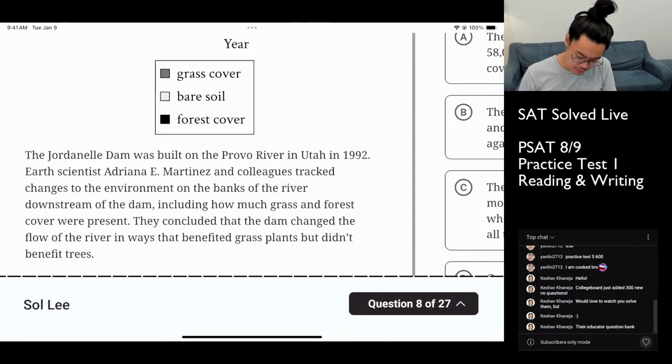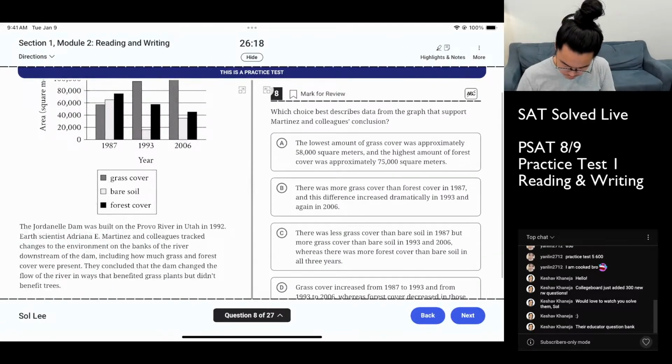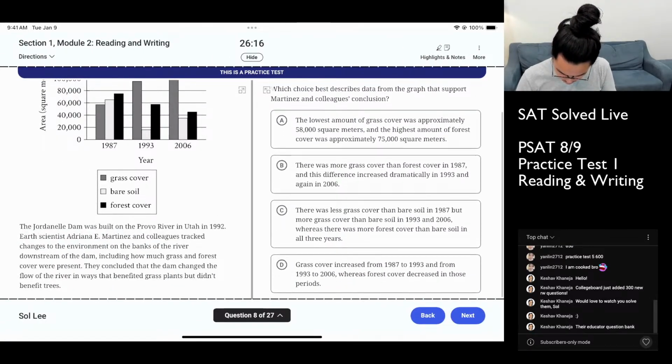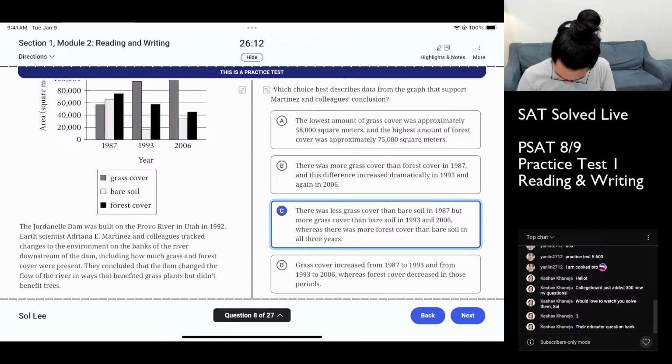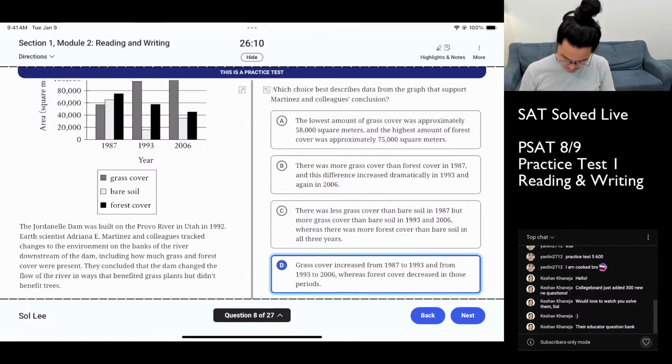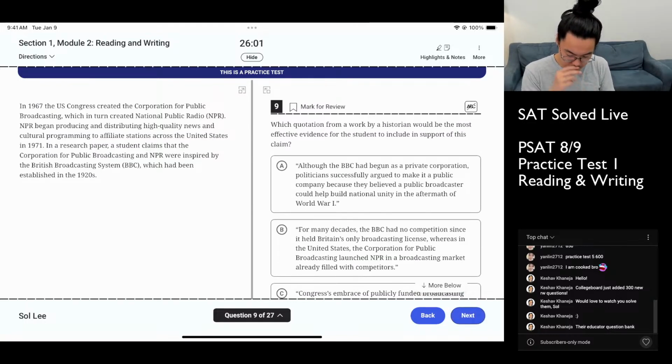Benefited grass plants, but that's exactly what I was thinking about. Perfect. Grass just kept. Nope. Hang on. Increased. There we go. 18. Decreased. Yes. Exactly what I was looking for. That was my prediction.